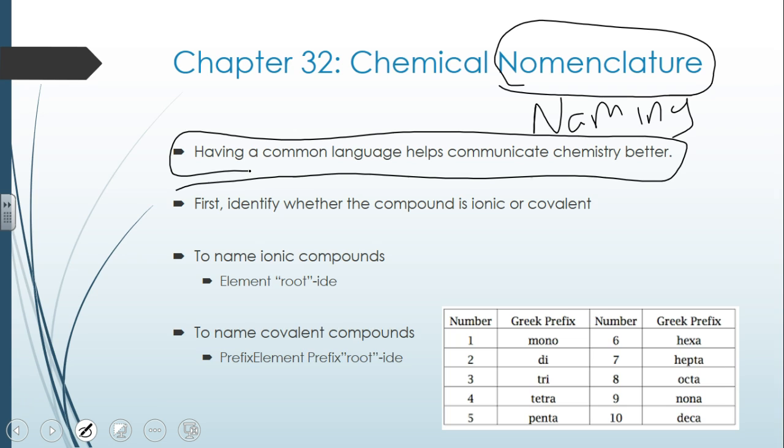So the idea of coming up with one system of naming compounds is important so that we can communicate what we're doing with other chemists across the world, and so we can communicate the chemistry that we have going on there, right?